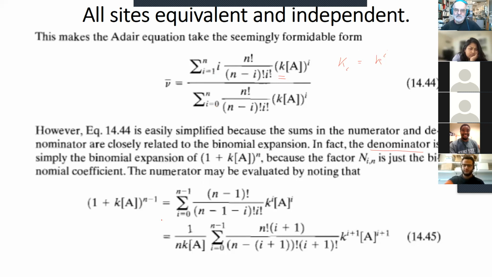And so what he derives here in a couple of steps is that if you rewrite this equation as n-1 instead of n, then you can redefine the range. n-1 here turns this term at the bottom into a 0, and you'll get n-1 factorial over n-1 minus i, and then i factorial.